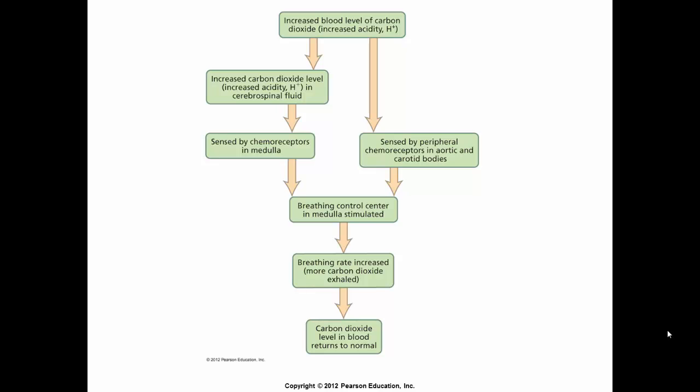The aorta is on top of the heart and the carotid arteries run alongside the neck. These stimulate the breathing control center in the medulla. Breathing rate is going to increase, more carbon dioxide is going to be exhaled, and this returns the carbon dioxide level to normal.